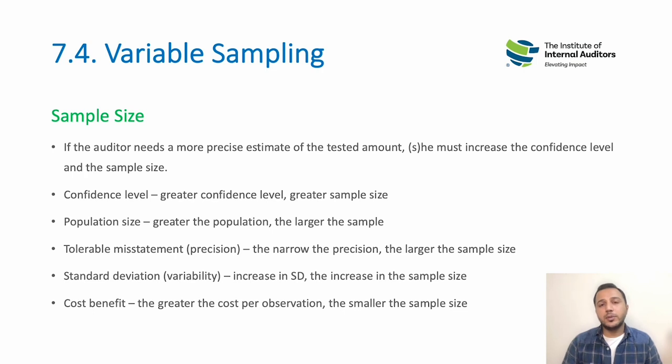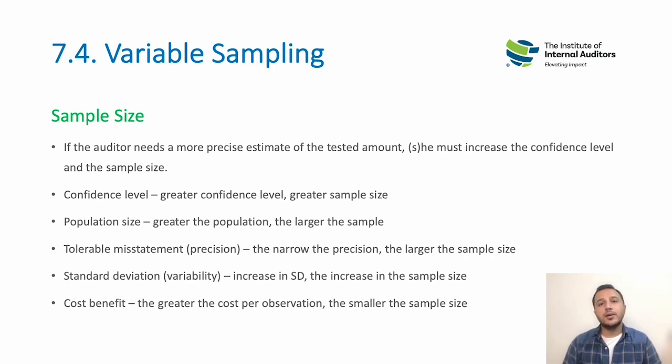If the population of the data is huge, then you have to get a bigger sample size. Tolerable misstatements: if you are less tolerant, then you have to increase the sample size. If you are more tolerant, or more confident that the data will be a good representation of the population, then you can reduce your sample size.